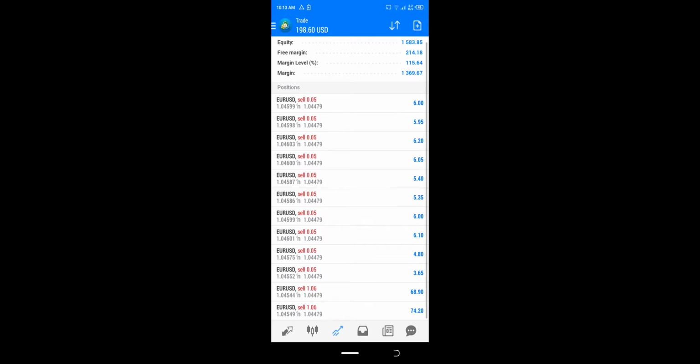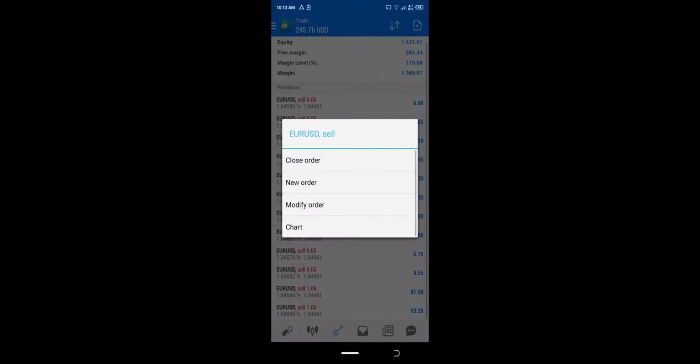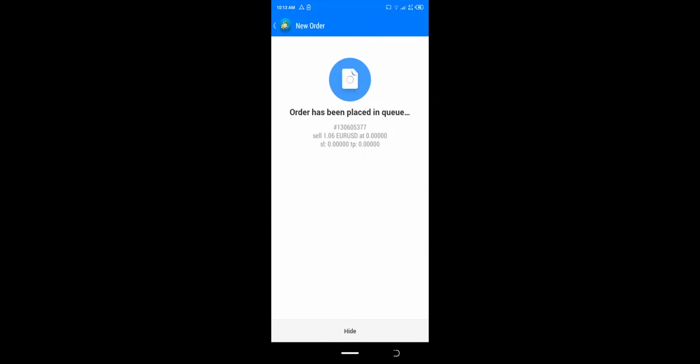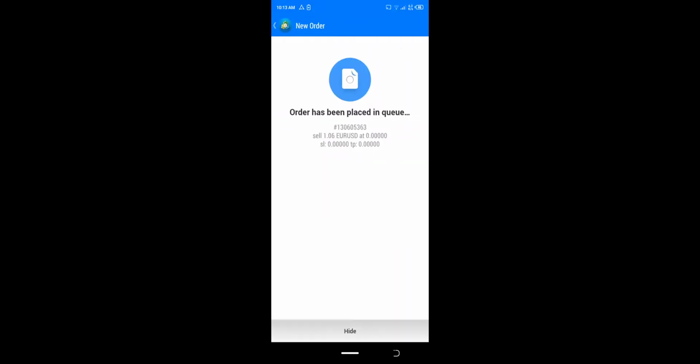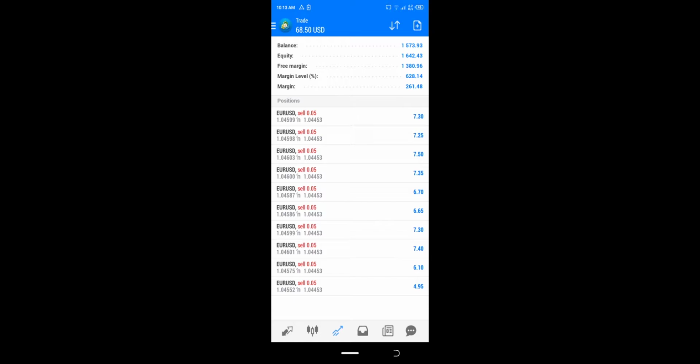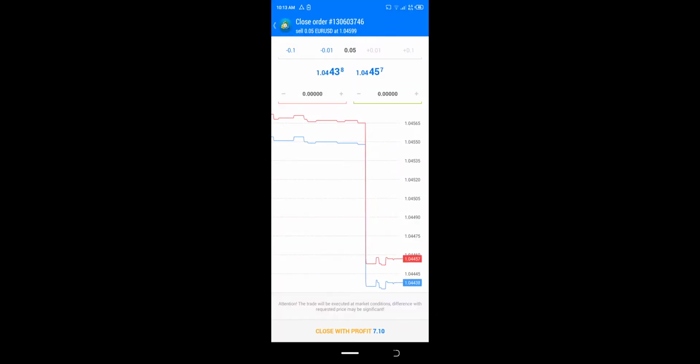So let me close the trades together. I'm waiting for it to stabilize, maybe at around 240 to 50. Then we can close the orders. Close. Let's close.